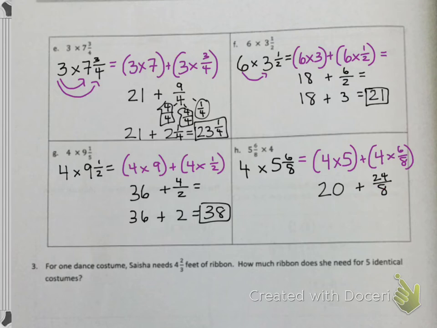If you want to skip count your eighths to get to 24, you certainly can to find out how many wholes you are going to subtract. So I know that I have 8, 16, and 24. All right, so at 8 eighths, 16 eighths, and 24 eighths, that's actually 3 whole. So I have 20 plus 3 whole, and my answer is 23 whole.